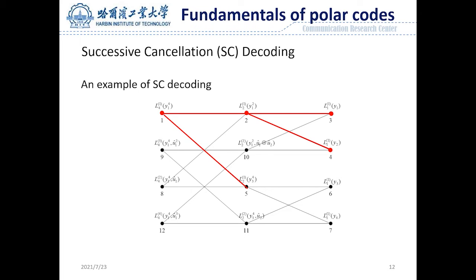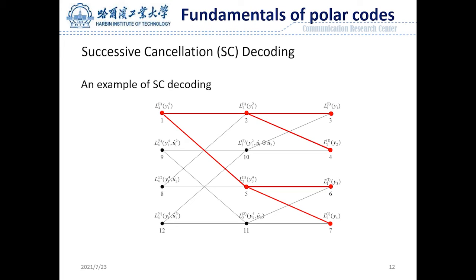If we want to know the value of node 1, the value of node 5 is also needed. To calculate the value of node 5, the values of node 6 and node 7 can be obtained from the channel. When both node 2 and node 5 are known, we can calculate the LLR value of node 1 and make a decision about the value of U1.